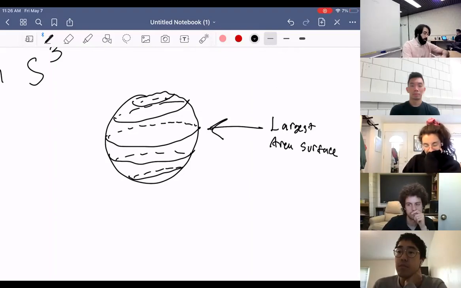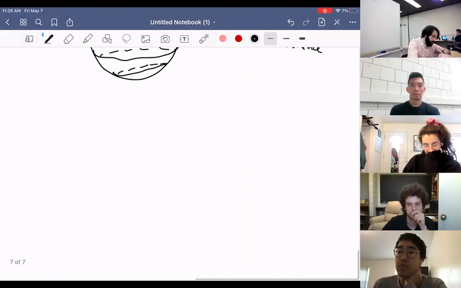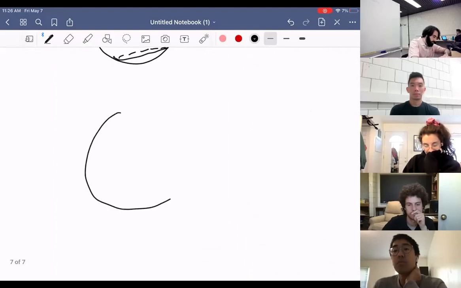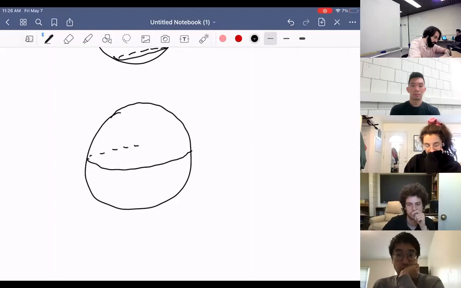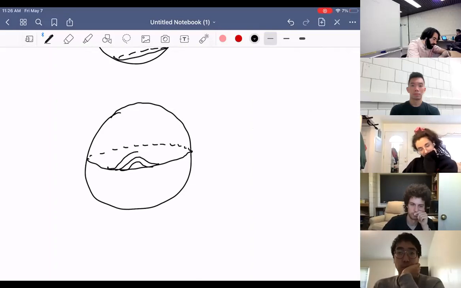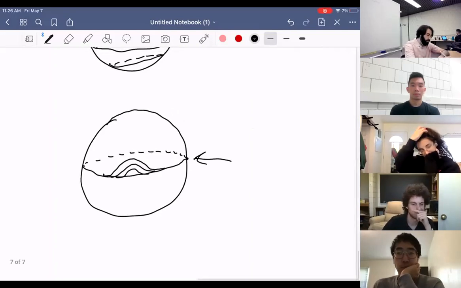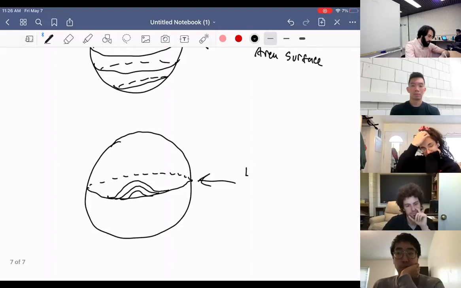But if I were to do any other variation, so let me draw this again. So this is our equatorial sphere. If I'm going to do any other variation on it, like maybe this small bump here, we can see that this surface is going to have larger area, which means that the equatorial sphere here has the smallest possible area.